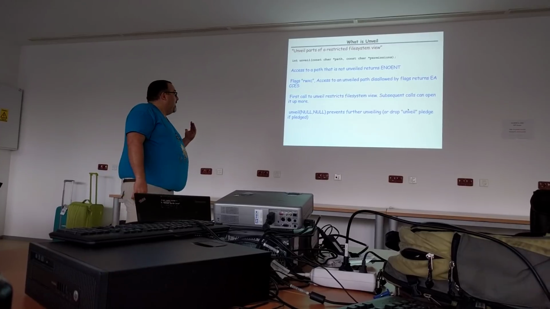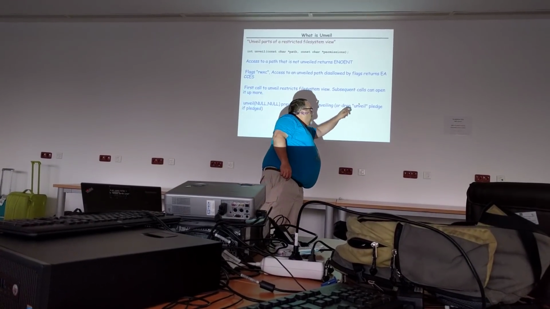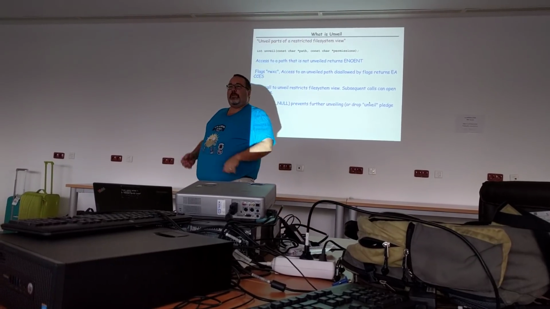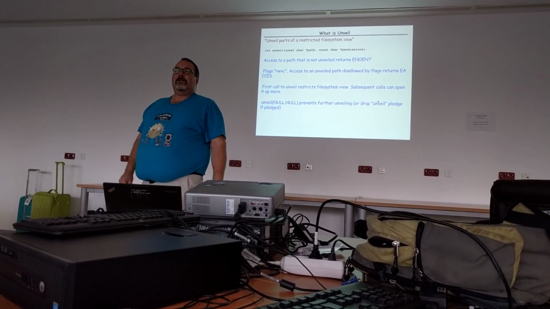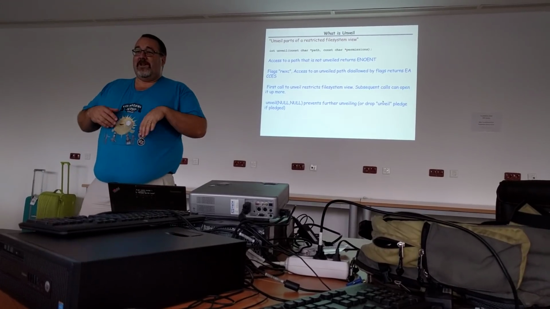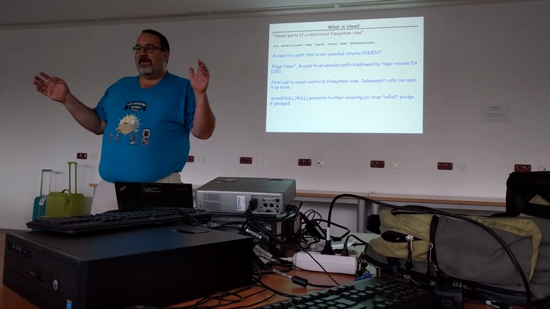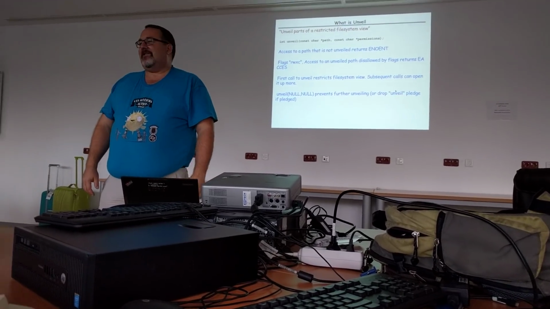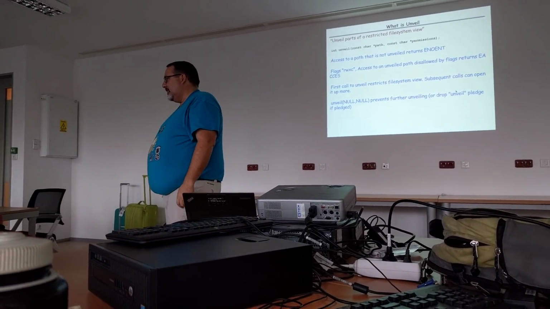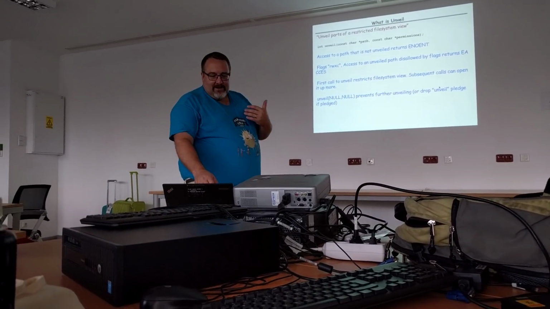The alternative is there is some pledge integration. There's a new pledge called unveil. And if you pledge without unveil, then future calls to unveil fail. If you drop pledge and drop unveil, it's like pledge, future calls to unveil your program will get shot again. So that's kind of what it is.